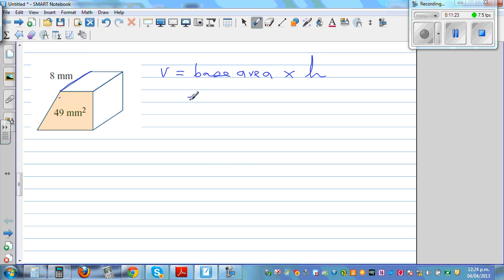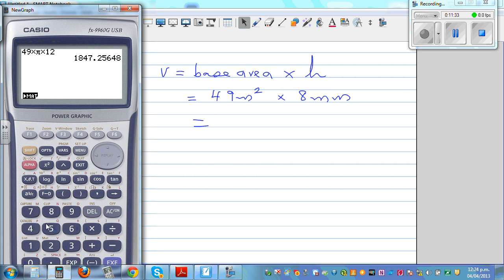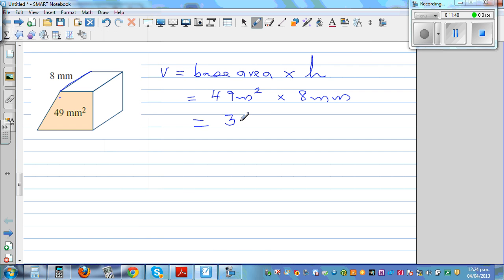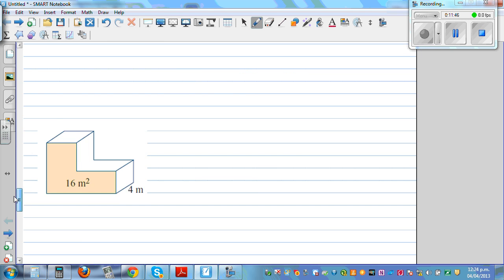So this is 49 millimeters squared times your height of 8 millimeters. 49 times 8 is 392 millimeters cubed. I'm not changing this into liters.